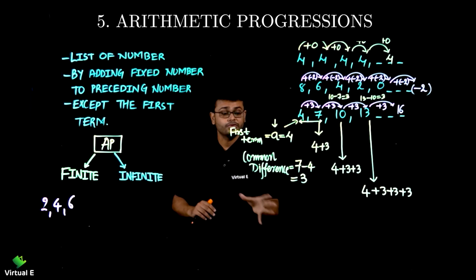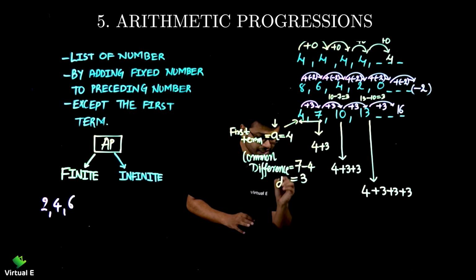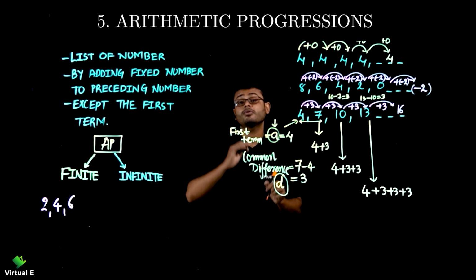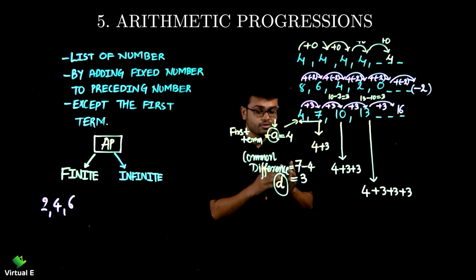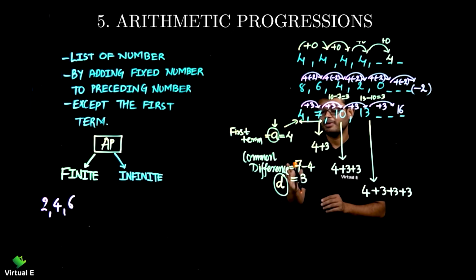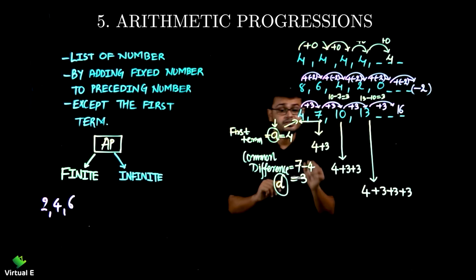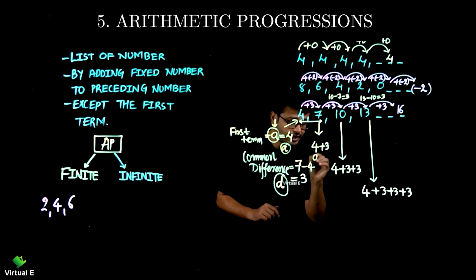So that will give you the common difference, and we are going to denote it with the help of D. Understand these two alphabets because we are going to use them fully in this chapter. So first term A, common difference D. Now, if I want to write the first term, it is only A. Second term, can I write A plus D?